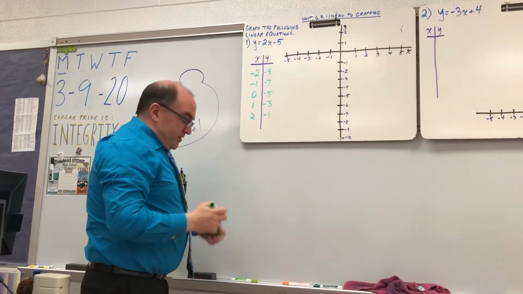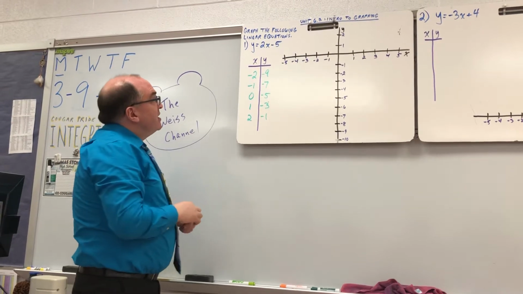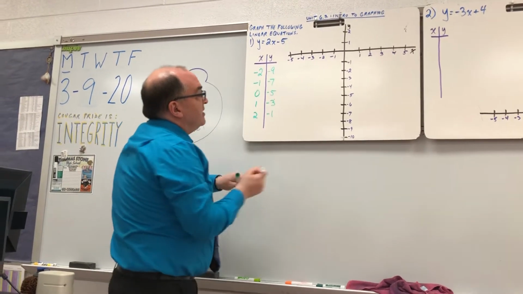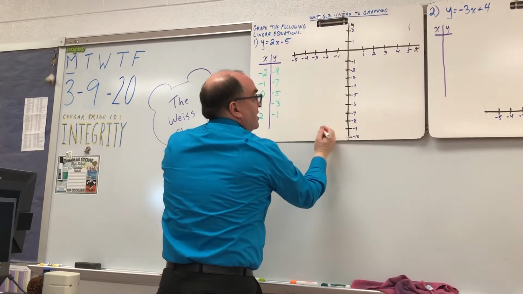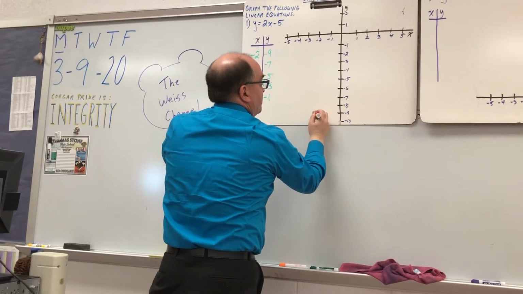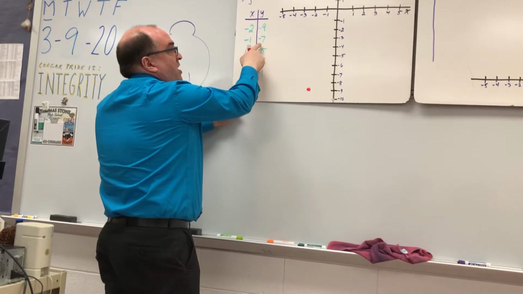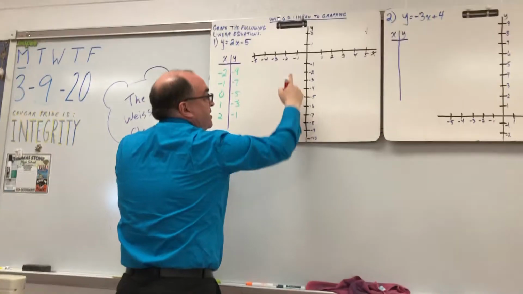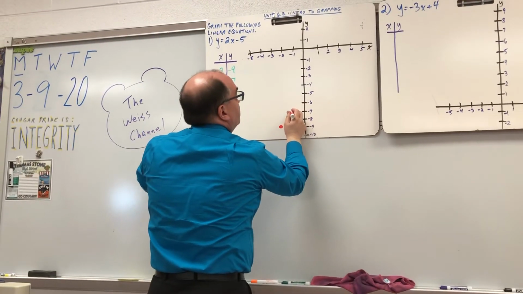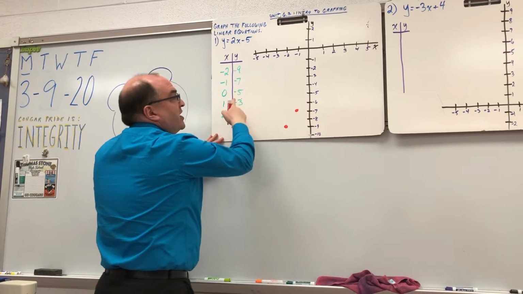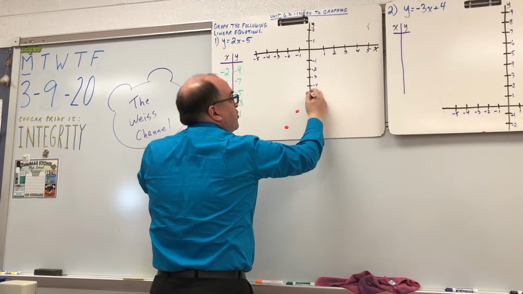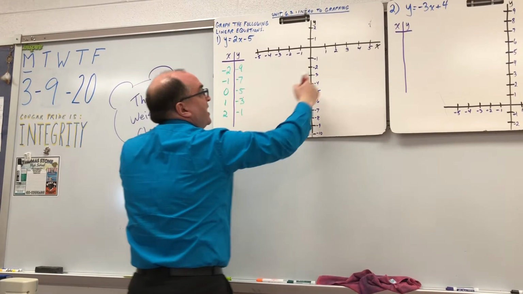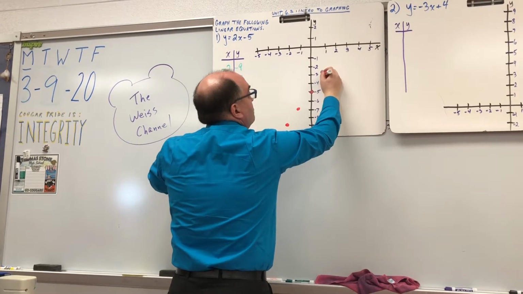And now we're going to plot the points. Where's -2, -9? -2, -9, right here. Where's -1, -7? -1, -7. Where's 0, -5? Boom. Where's 1, -3? Boom.